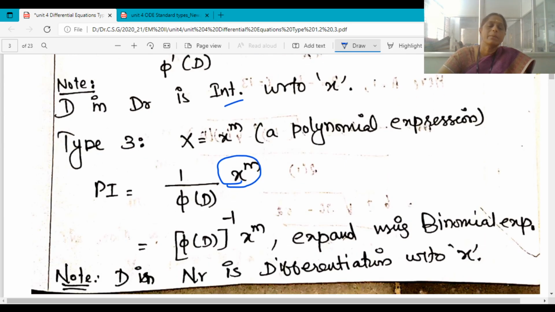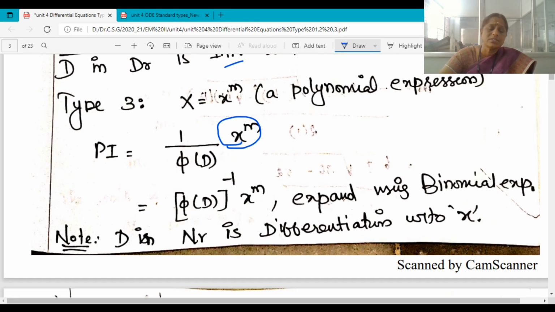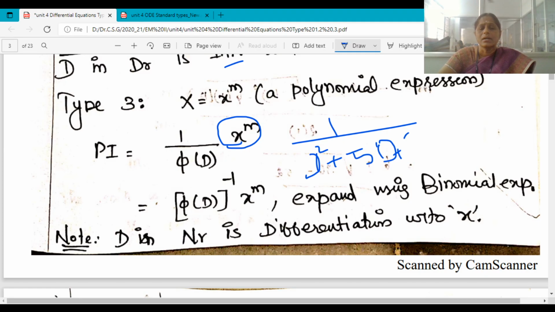The third type is a polynomial expression. In this case, you take the denominator into the numerator in the form of the whole power minus 1. Suppose your problem is 1 by (D² + 5D + 2) of x, where the right hand side x is a polynomial expression.